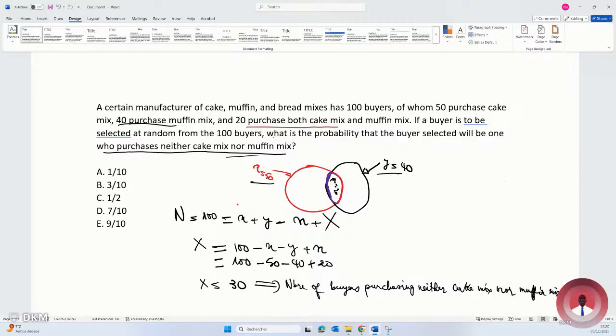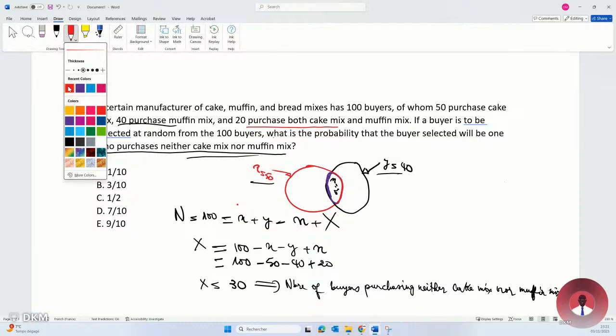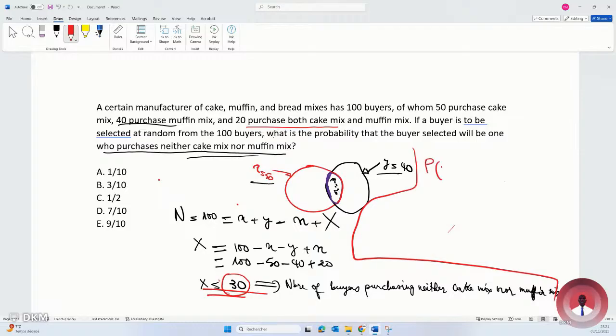So it's basically this one, right? So let me change the color here. Since we have the number of those purchasing neither cake mix nor muffins, then we can find the probability. So here we're going to call it probability of x.